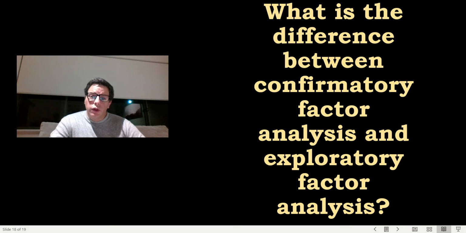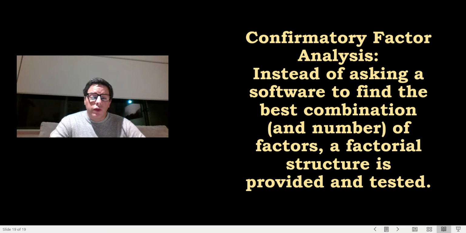Another question: what is the difference between confirmatory factor analysis and exploratory factor analysis? The difference is that in confirmatory factor analysis, instead of asking a software to find the best combination and number of factors or components, the factorial structure is provided and tested.